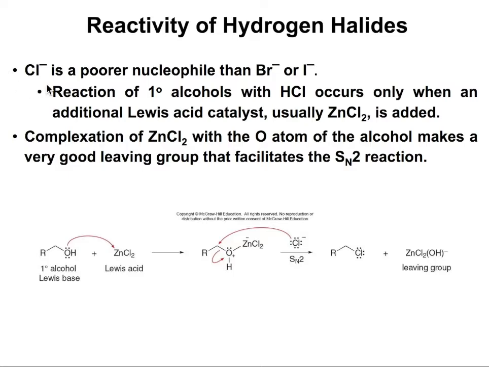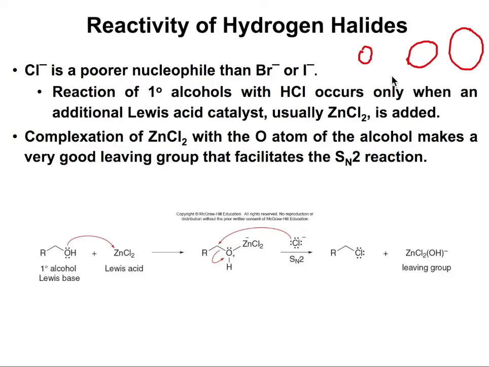Remember that Cl minus is smaller and it's not polarizable. You can refer to previous videos to review that. So Cl minus is a smaller ion, and Br and I are larger. Because they are larger, they are more polarizable, and therefore they can be better nucleophiles.